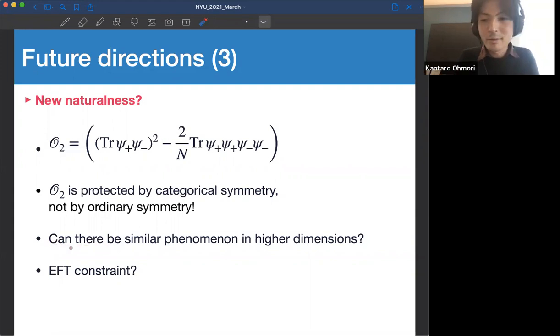I'm curious whether this similar phenomenon can be found in higher dimensions. This may well be just a special thing to 1+1 dimensions, but at this stage I don't know. But if this kind of thing happens in higher dimensions, in particular in our dimensions, 3+1 dimensions, then it's going to be very interesting.